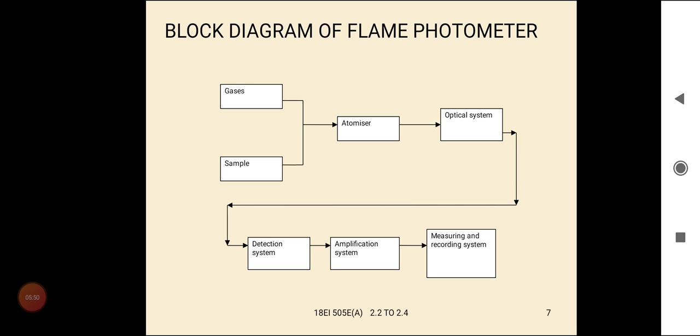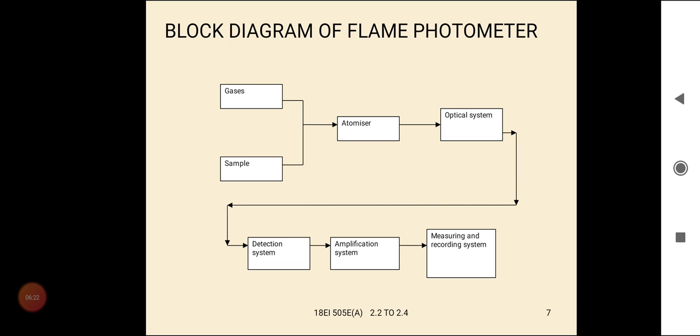The optical system consists of collimating mirrors, entrance slits, filters, prism monochromator, exit slit. From the flame, electromagnetic radiation energy is produced.